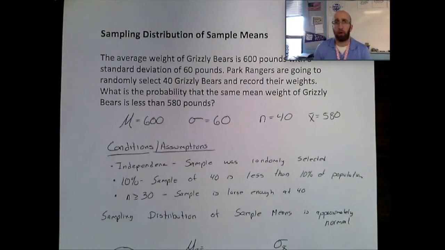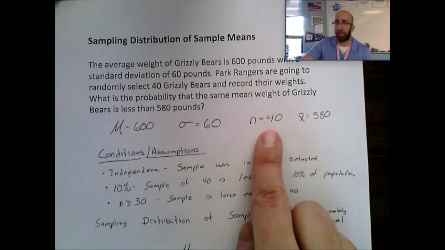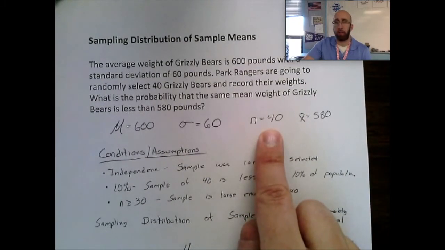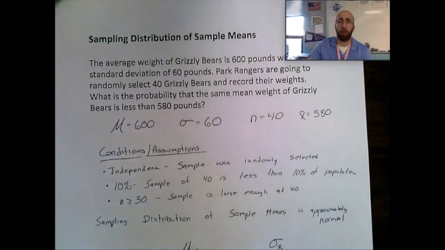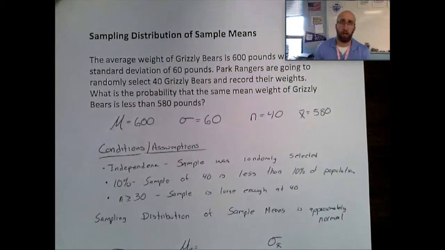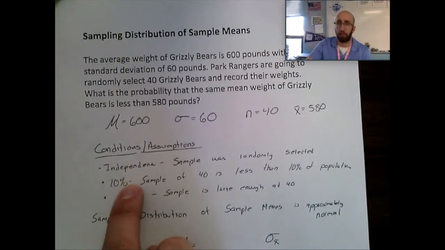We want to make sure my sample of 40 is not more than 10% of the population of all grizzly bears. So I'm hoping there are more than 400 grizzly bears. That would mean my sample of 40 is less than 10% of the population.